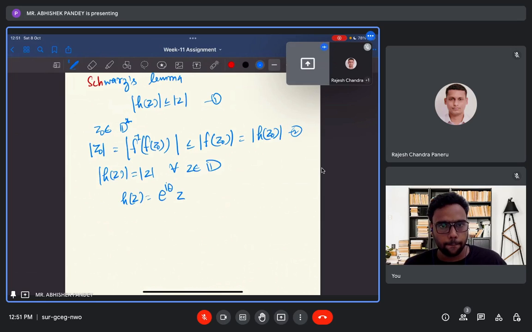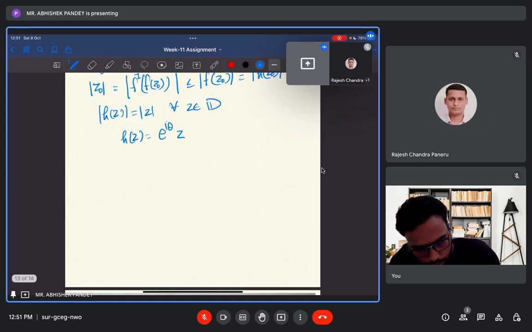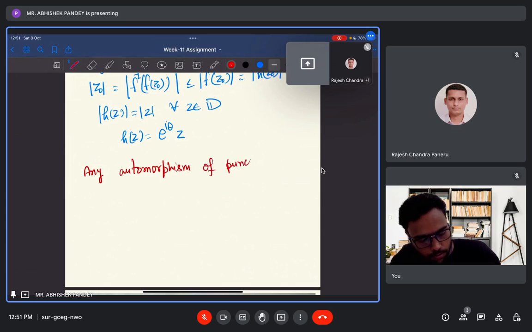Clear? So what we have proved is that any automorphism, let me write it again, any automorphism of the punctured unit disk is a rotation.